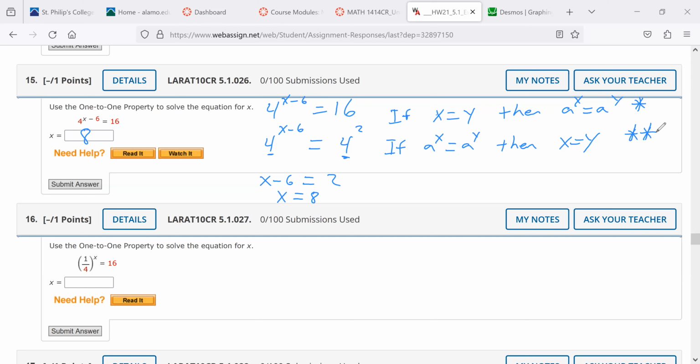Okay. Now 16. How do I change this 1/4, because this one's easily a 4 squared, right? We just did that. So I can start off with, so I need to make them both 4. So how would I fix it?